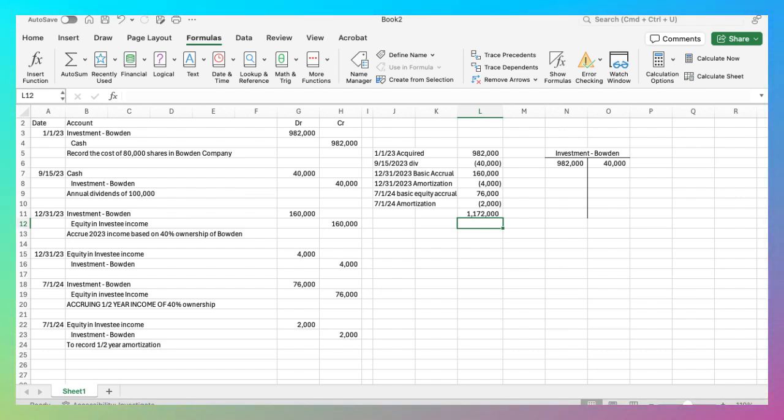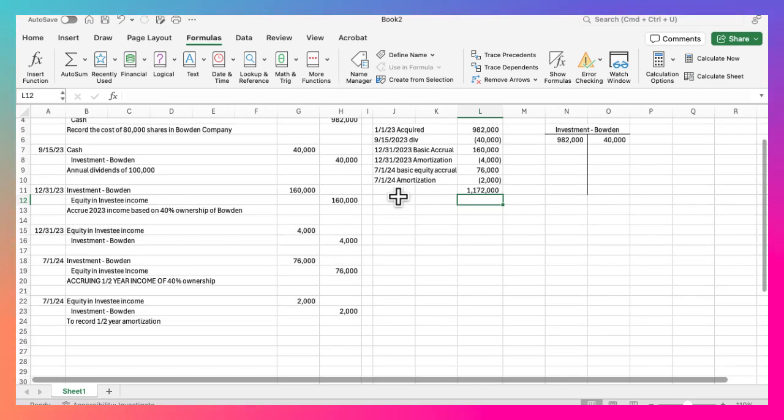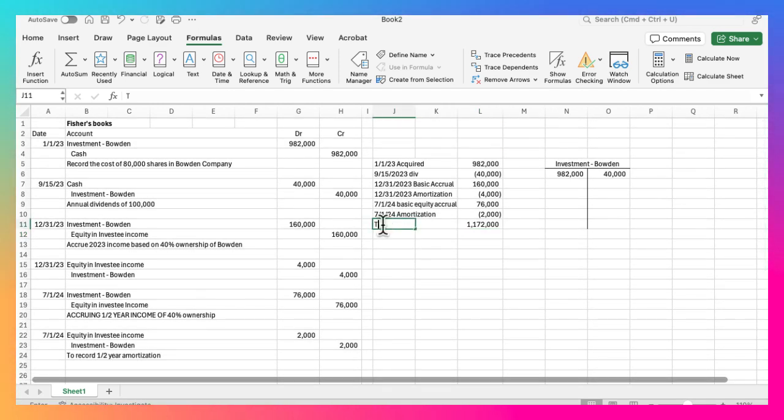Okay. Now, what we need to figure out is what's the cost, right? What's this carrying cost of these shares that we sold? Okay. So we can do that, and let's just do it this way. Let's look and say, okay, bear with me. There we go. Okay. So this is going to be the total cost that we have.